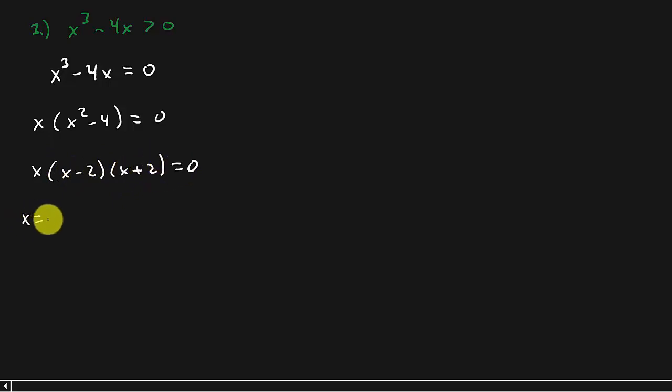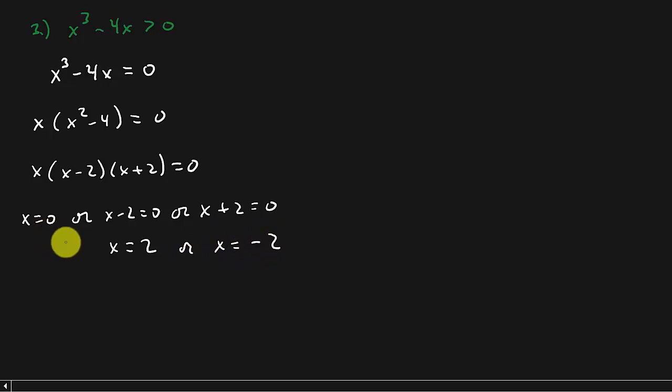And so x equals 0, or x minus 2 equals 0, or x plus 2 equals 0. So x equals 2, or x equals -2. So we've got 0, 2, and -2. Those are the ones that we're going to have to plot on the number line.